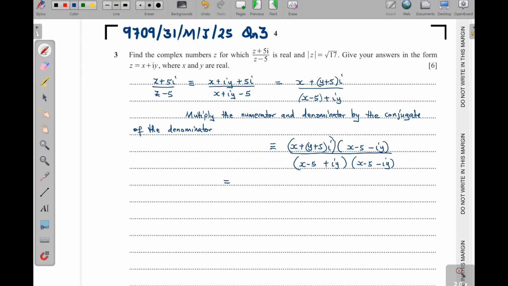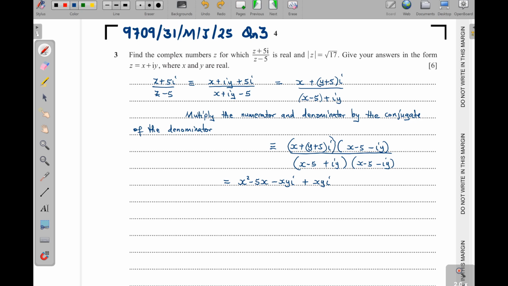To open the brackets, x has to multiply everything here. We shall get x squared minus 5x, then minus xyi. Then we come to this one times here. I will have y plus 5i. Let me do it once and for all. So y times x, we shall have xy, but there is an i here.